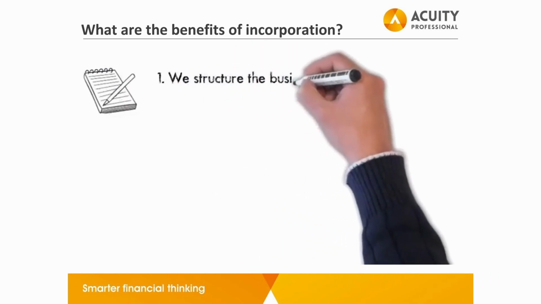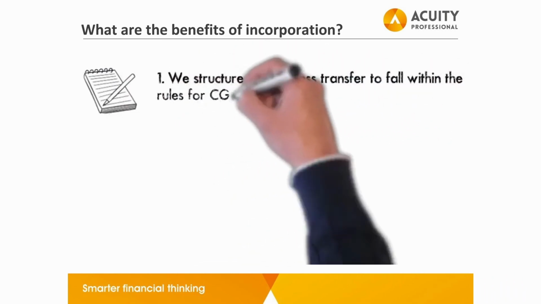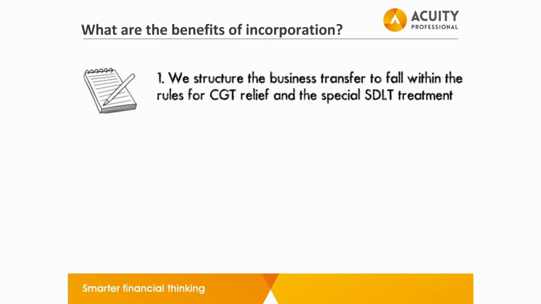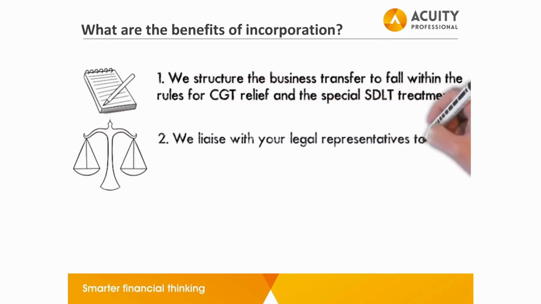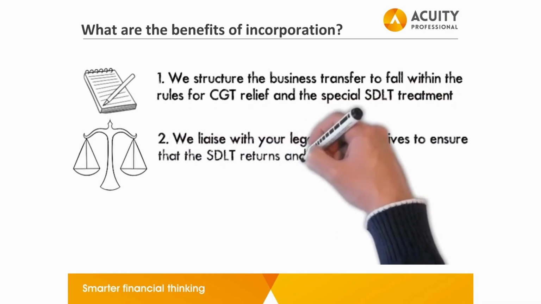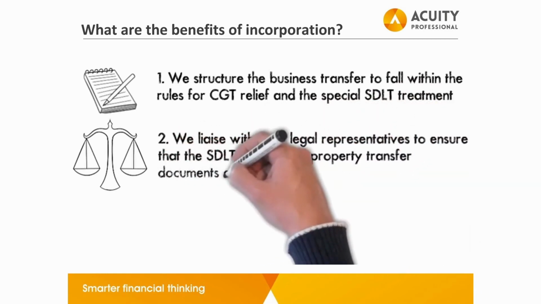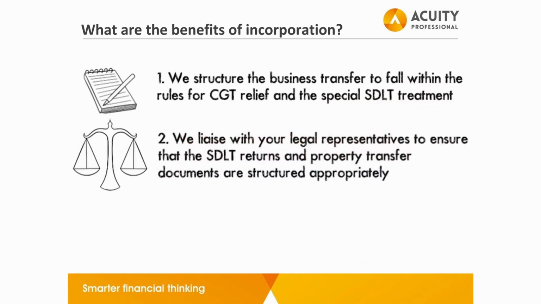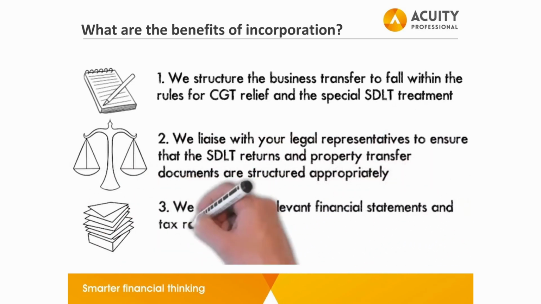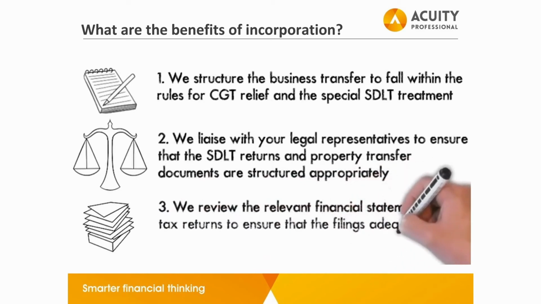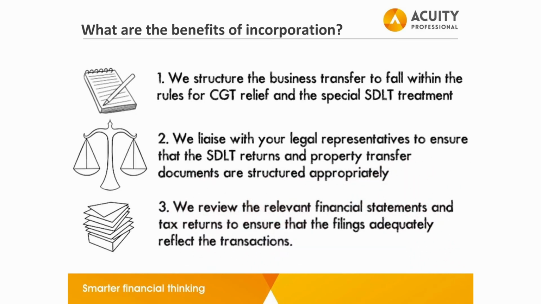We structure the business transfer to fall within the rules for CGT relief and the special SDLT treatment. We liaise with your legal representatives to ensure that the SDLT returns and property transfer documents are structured appropriately. We review the relevant financial statements and tax returns to ensure that the filings adequately reflect the transactions.